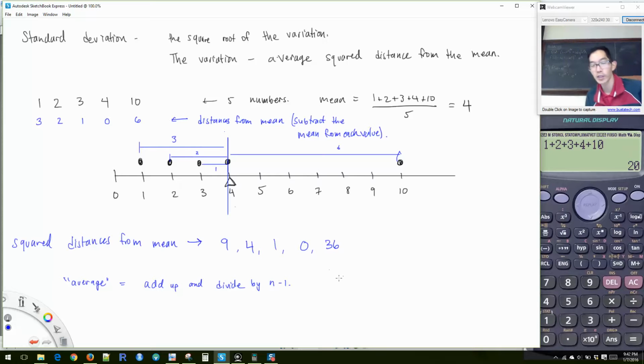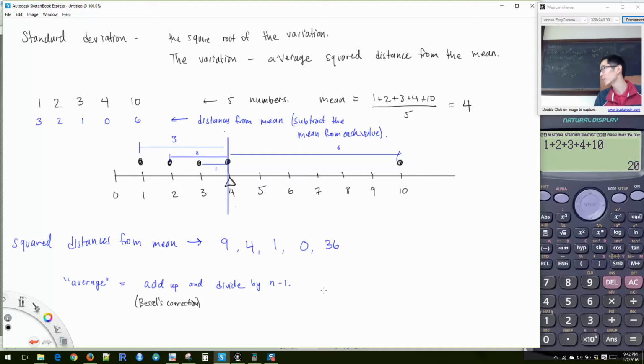The reason we divide by n minus 1 is called Bessel's correction, and it's because we're treating this as a sample taken from the population. You don't have to worry about the mathematical reasoning behind that, but we add these up and rather than divide by 5, we divide by 4.